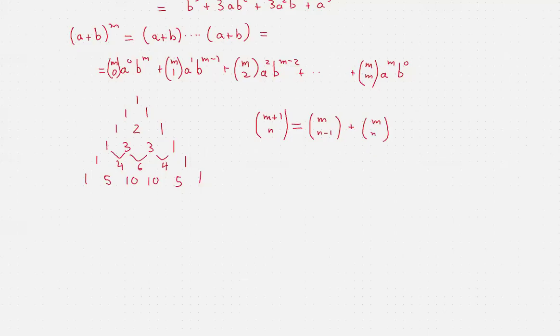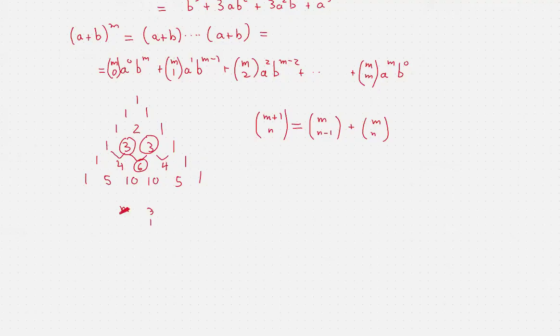However, this formula is what justifies, for example, that the sum of these two elements of the row will give you this one, because if you want to interpret them, the first 3 is 3 choose 1. And the second 3 is 3 choose 2.